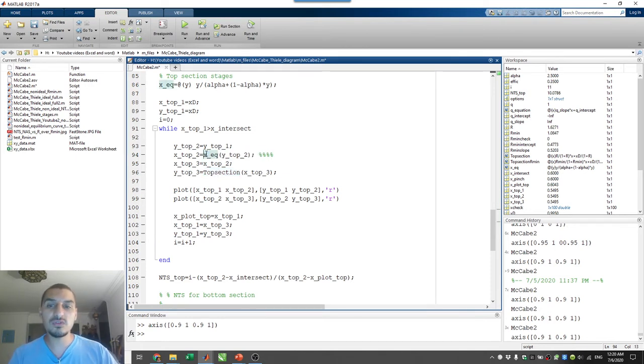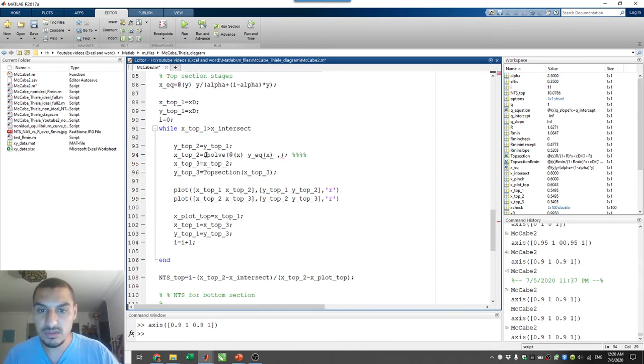So what we're going to do is some simple fsolve relation. I'm going to use fsolve, and what I need to do is to get the value of x that will make the equilibrium relation equal to y top 2. So I'm going to make a function handle of x, and the equation that I want to solve is the y equilibrium of x.